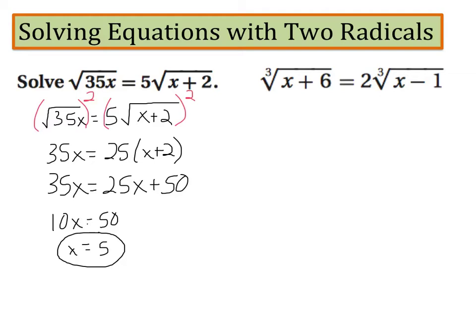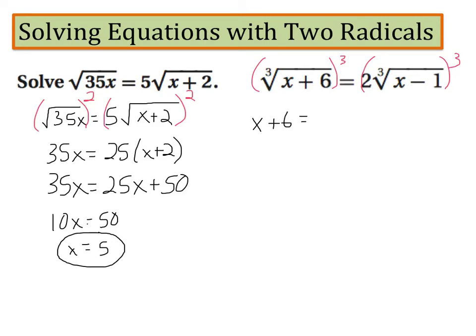For the second problem, same idea. What I want to do is get rid of that radical symbol. So I'm going to take both sides and raise them to the third. On the left side, I'm going to be left with x plus 6.